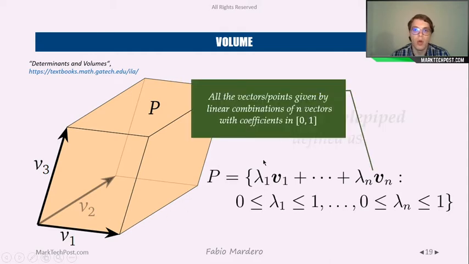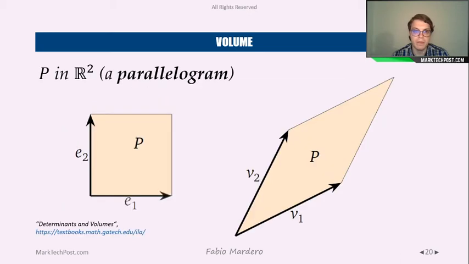As you can see, P contains all the vectors given by the linear combination of n vectors with coefficients 0 and 1. For example, on a plane, we can say that P is a parallelogram. Here we have a parallelogram which is a square because we've taken the standard basis.